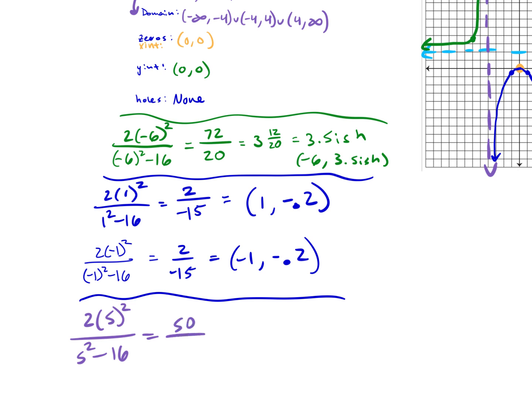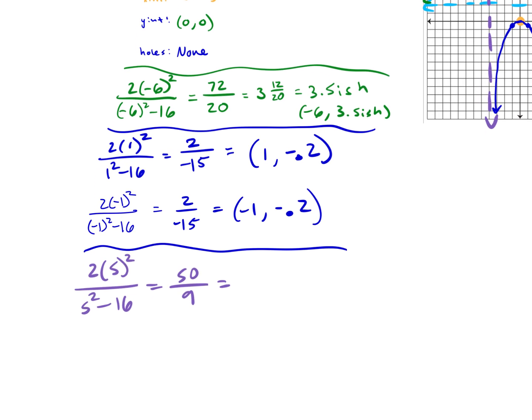Over 5 squared is 25 minus 16 would be 9. How many times does 9 go into 50? 5-ish. 9 goes into 50 five times with 5 left over, so about 5.5-ish.